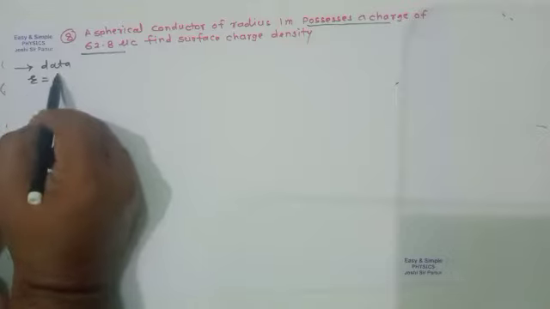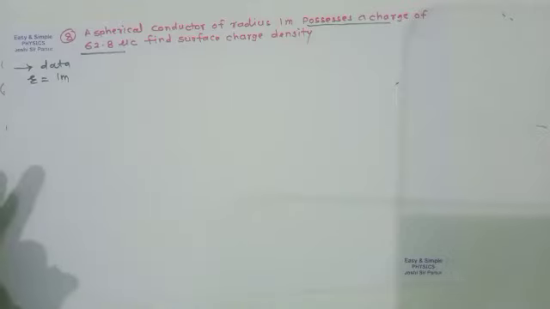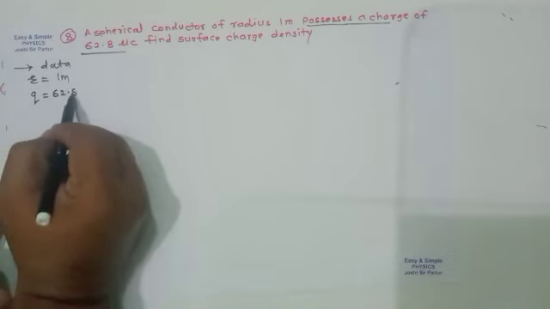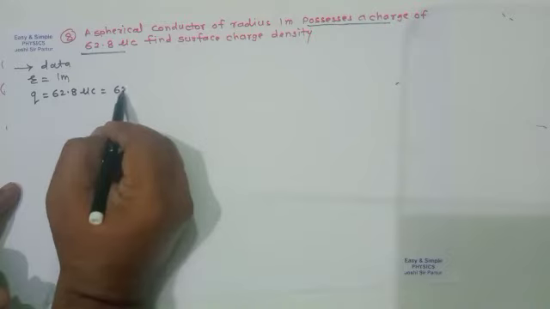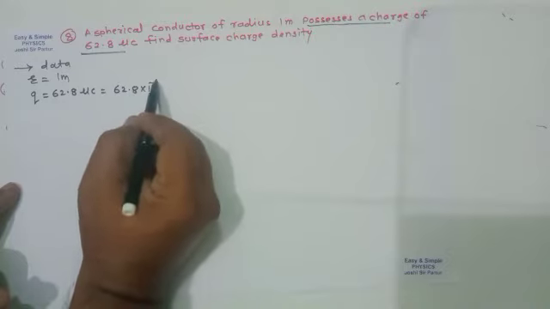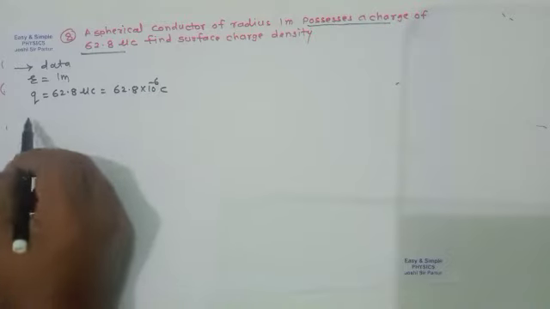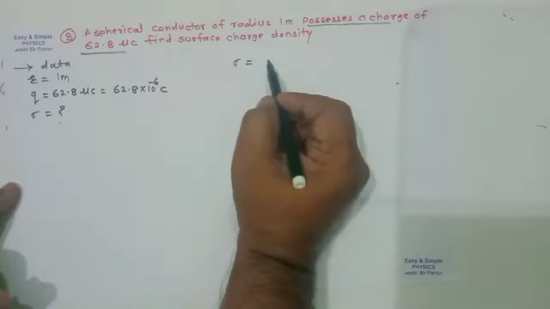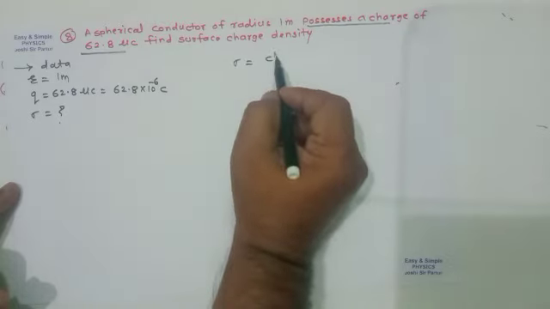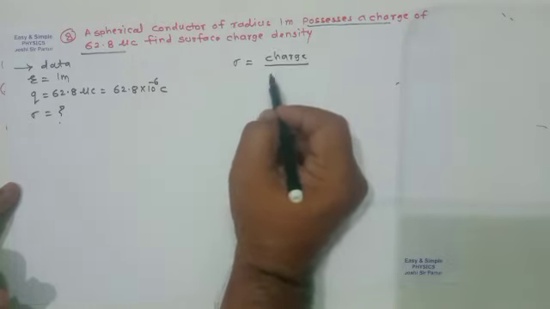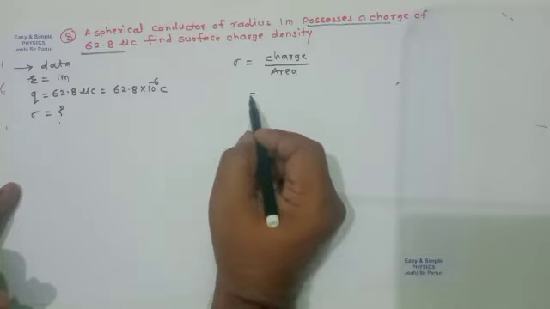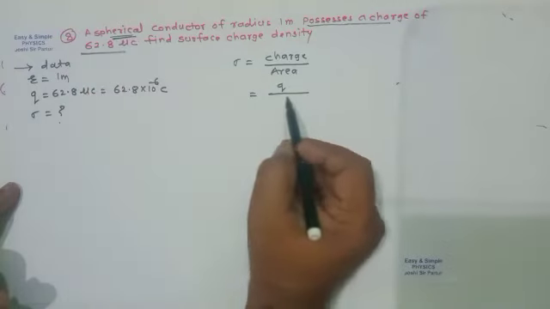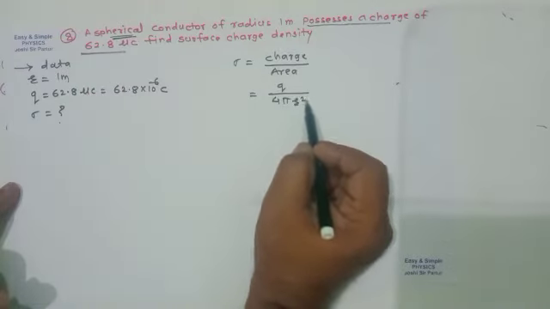Radius r is 1 meter, charge 62.8 microcoulomb will be 62.8 into 10 raised to minus 6 coulomb, and we can find out the surface charge density. Surface charge density will be charge upon area.